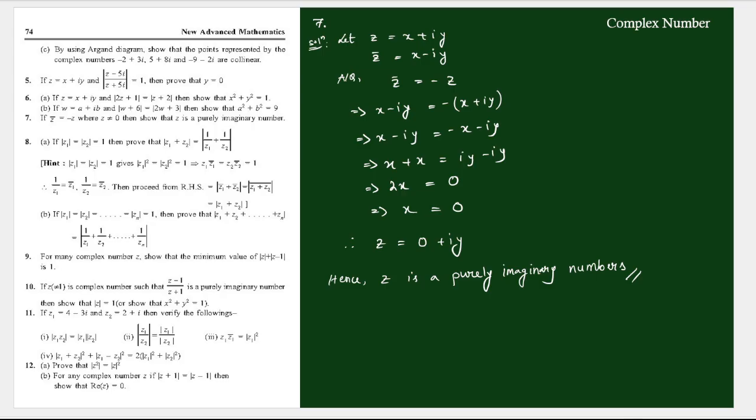What is 8? We have got z1, z2, modulus of z1 equal to modulus of z2 equal to 1. And then we need to prove that z1 plus z2 over 1 plus z1 z2 is equal to 1 by z1 plus 1 by z2 over 1 plus 1 by z1 plus 1 by z2.